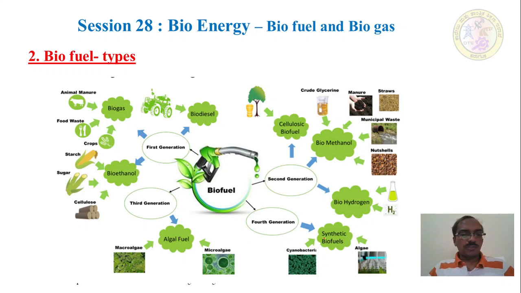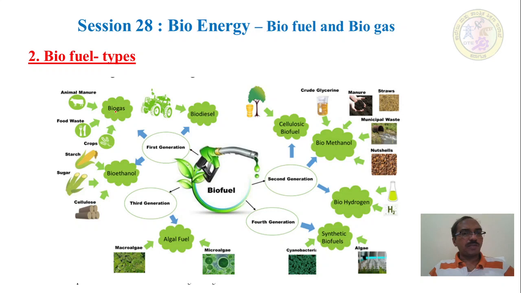And in the fourth generation, we call them synthetic biofuels, which can be produced from algae. So as far as our syllabus is concerned, we are concentrating on the first generation of biofuels.